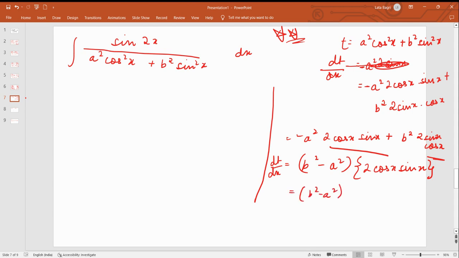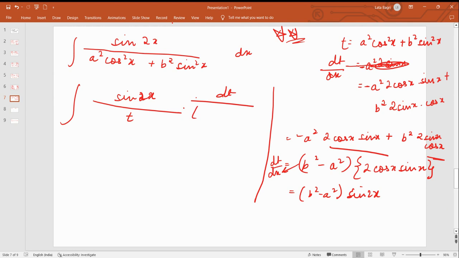And if you carefully notice, I can replace this as sine 2x because the formula of sine 2x is 2 cos x sine x, and sine 2x is our numerator. So let me write this sine 2x divided by t into, instead of dx, so dx will go here, this will come down. So this becomes dt divided by b square minus a square sine 2x.